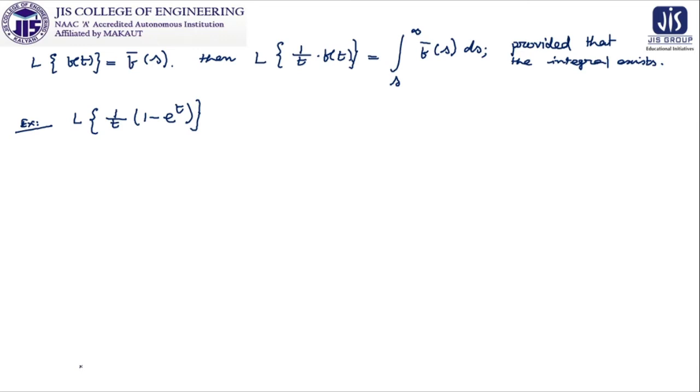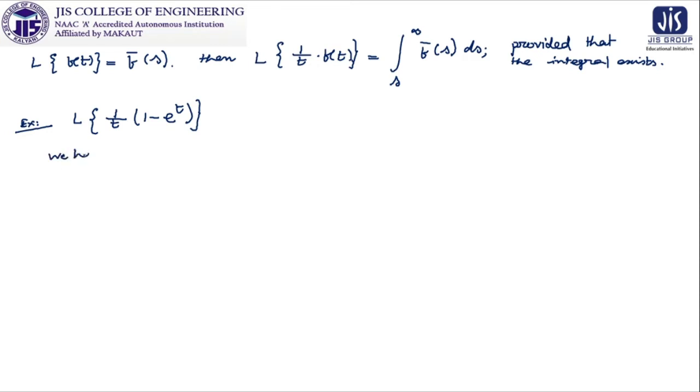But separately, the Laplace transform of 1 and of e to the power t is known to us, and in conclusion we are going to apply the linearity property of the Laplace transform. So let us start the problem.